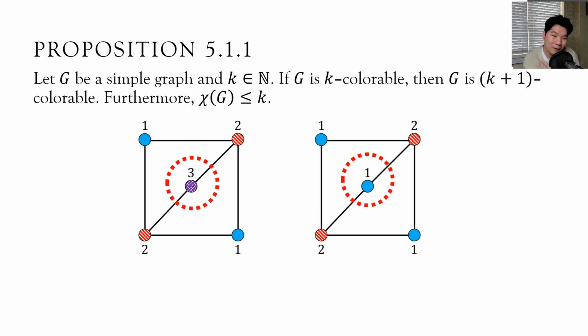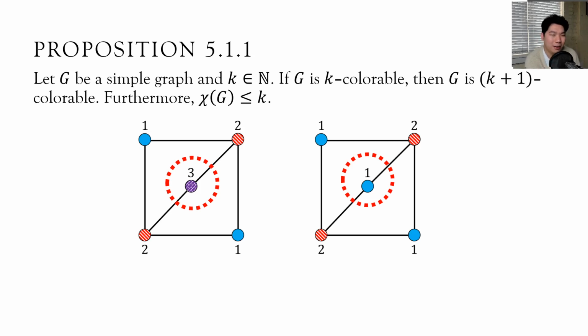If I just change a single vertex color into a new color, it's still going to be proper, because before I was proper, and whenever I add one new color to a single vertex, that shouldn't really change much. I just use one extra color. That's not going to cause me to have the same color on a pair of two vertices. So this is our idea of why the first part of this proposition is true.